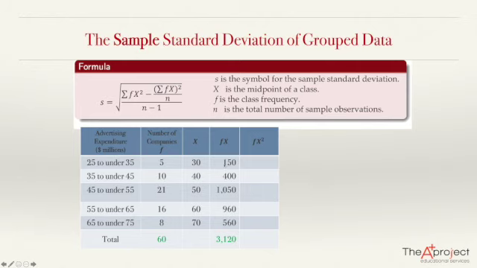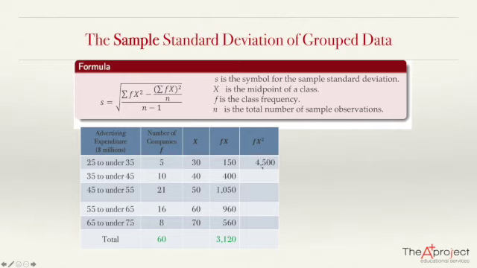And now let's do the fx squared. As I told you in the previous example, you can multiply x and the fx, and the answer is fx squared, and the x will appear as squared. So you can multiply 30 times 150, it will be 4,500.